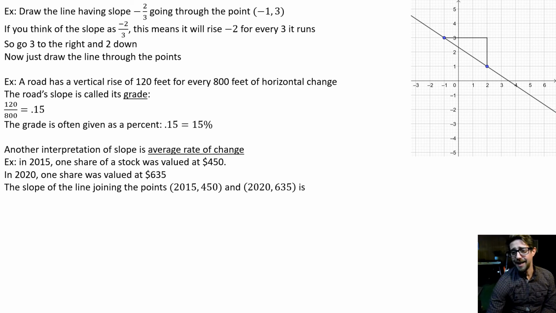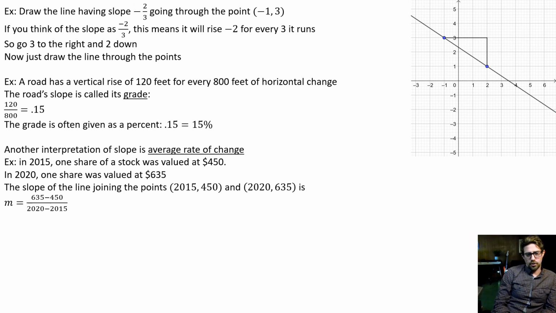So that should kind of remind you of finding slope, and it is. So if we take those 2 points, and I will in a second, if we make an axis for time, 5 years transpired. And so we're going to take the amount it went up, which is 635 minus 450, which is $1.85, and we're going to divide that by that 5 years, which is exactly like rise over run.